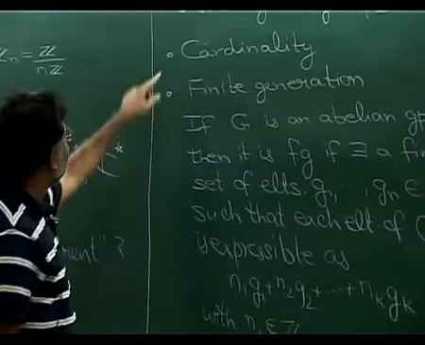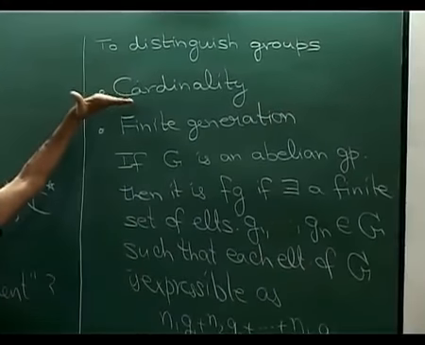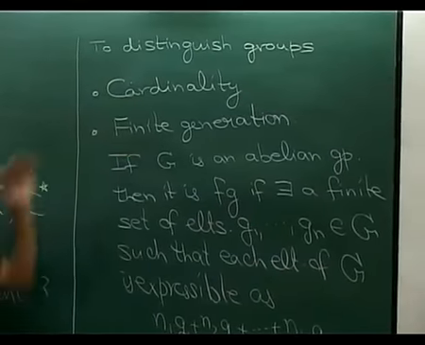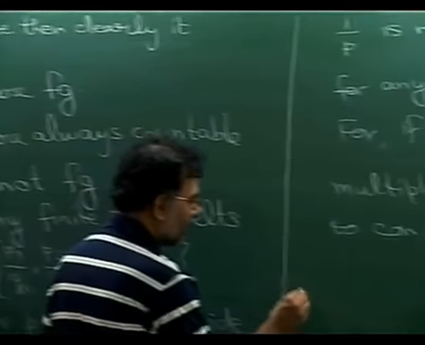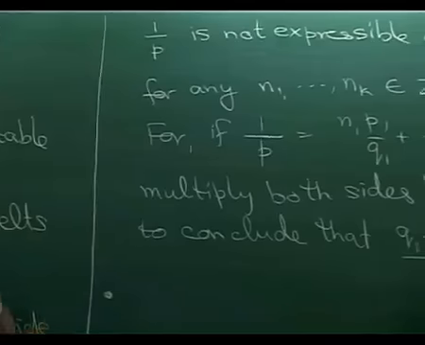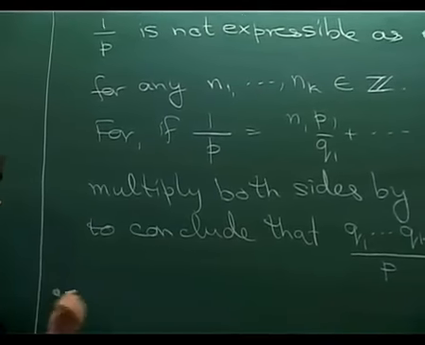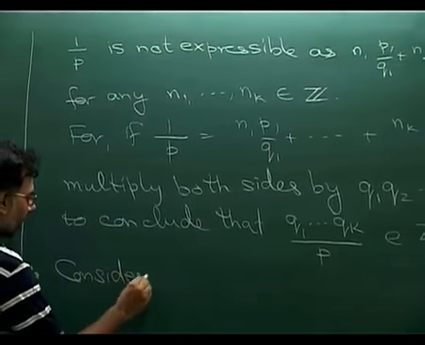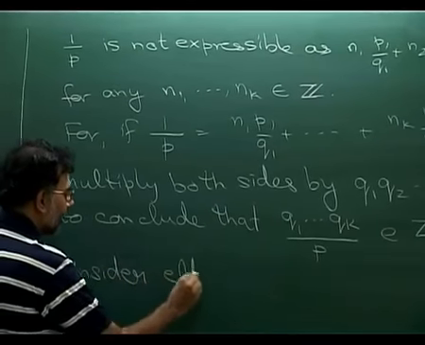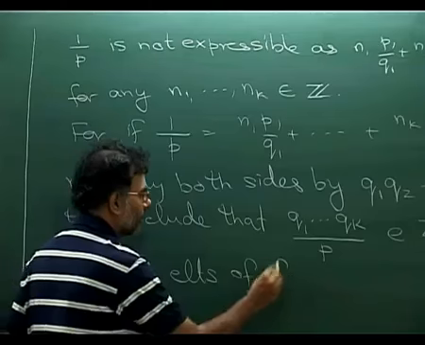So two criteria I wrote down here: one is cardinality, another is finite generation. So here let me write down my third criterion. This is a much easier criterion actually than finite generation, and it is to consider elements of finite order.